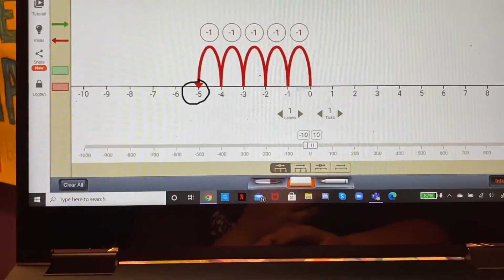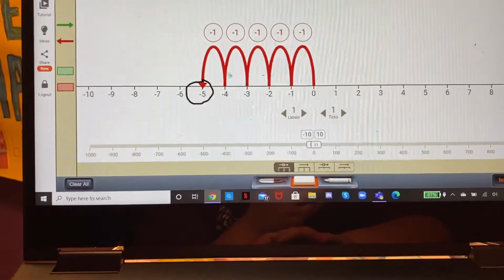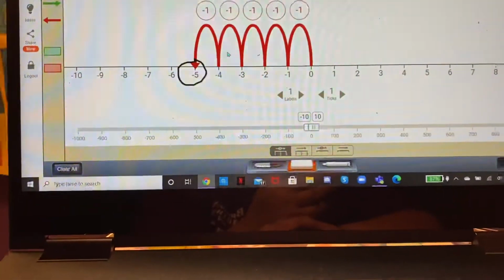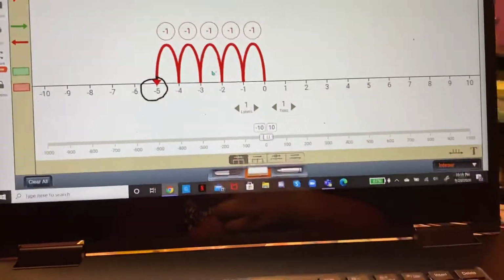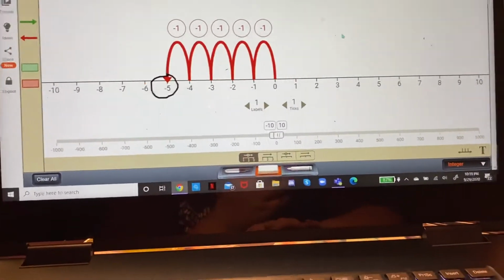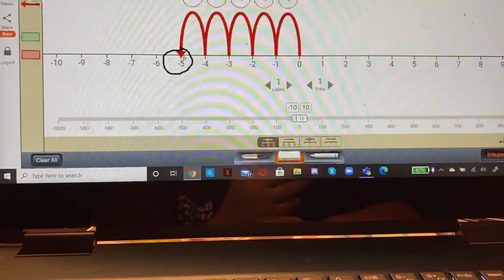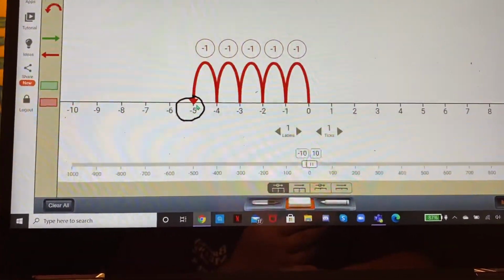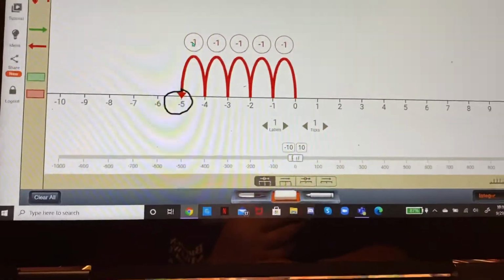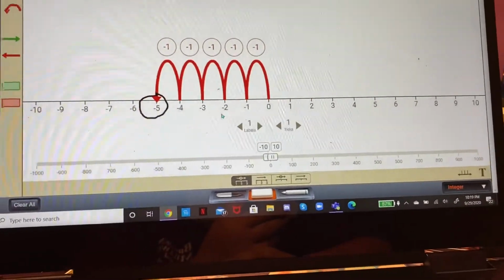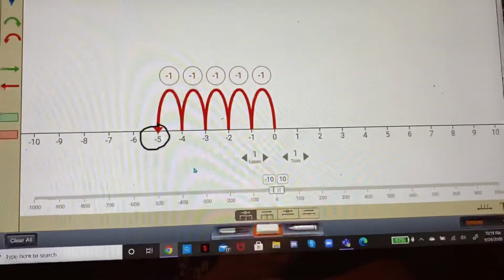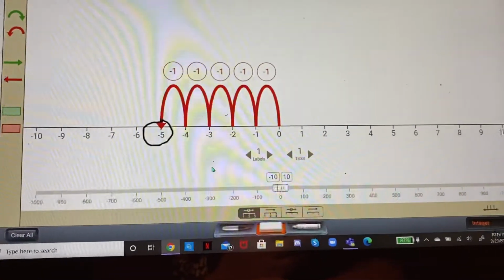So this is 1, 2, 3, 4, 5 jumps to the -5, moving in the left direction on the number line to get to -5, and that means the magnitude would be the number 5, because we're moving only 1, 2, 3, 4, 5 spaces in the negative direction, but if you remember, it's the absolute value.